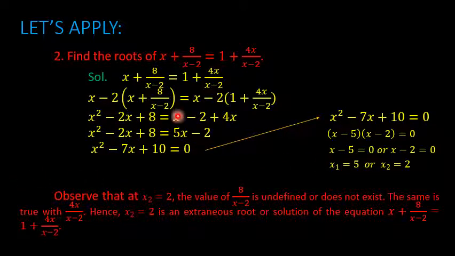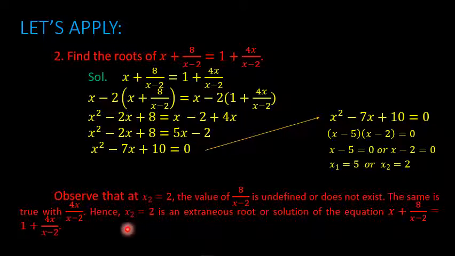What are the roots? Let's read this. Observe that at x sub 2 is equal to 2, we check. The value of 8 over x minus 2 is undefined or does not exist. Here, at x sub 2 is equal to 2, it does not exist when you check.